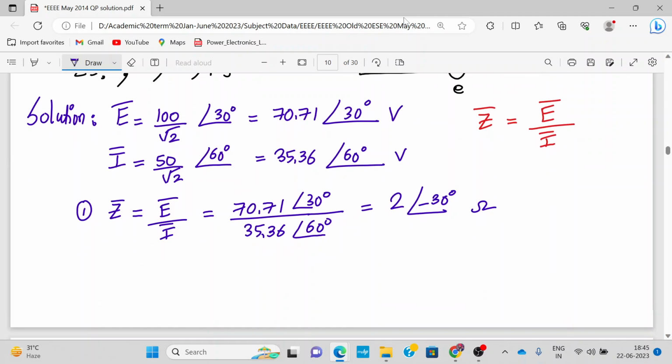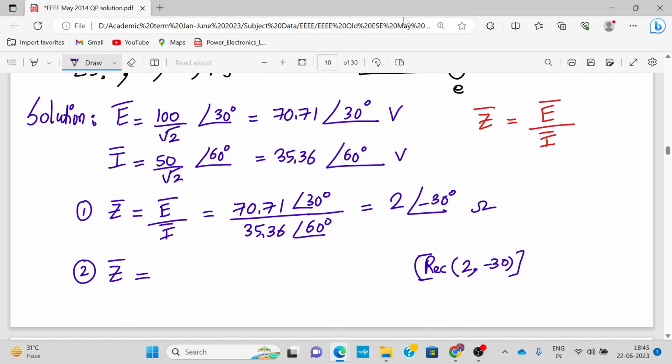So this will become 2 angle minus 30. Now this is polar form, we have to convert this into rectangular form. So in your calculator you can do Rec(2, minus 30).